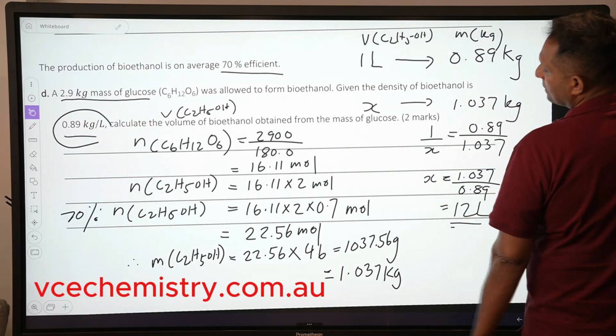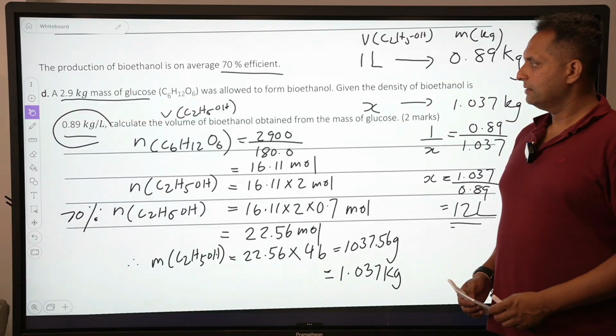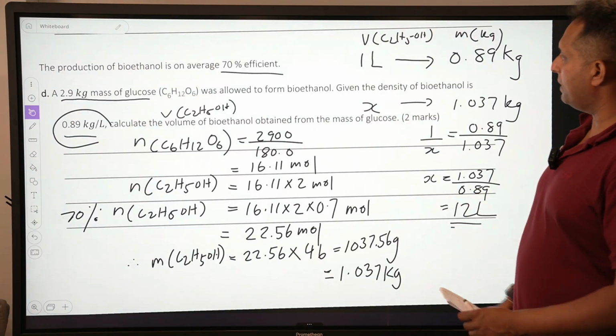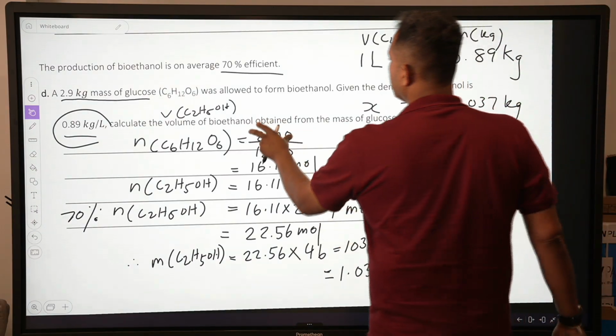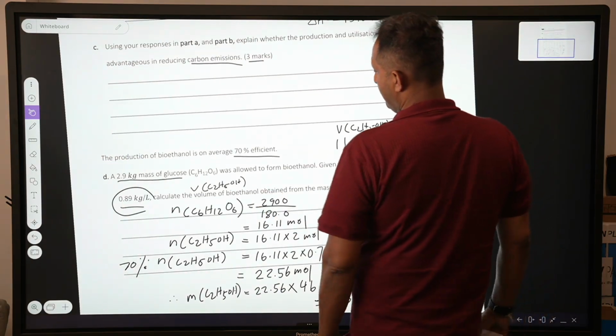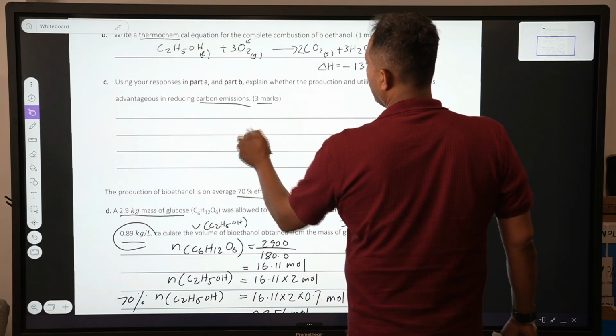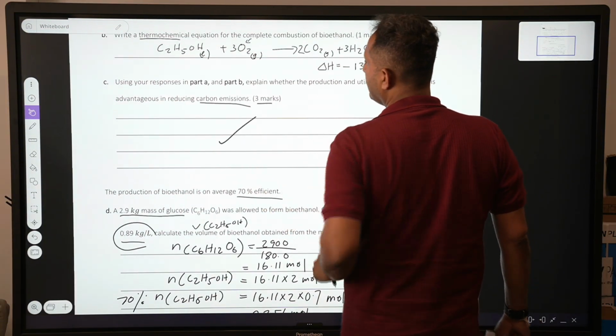See whether you can get 20 liters. All right. This is the only calculation part in this question. The rest is writing. Again, this is going to be in the description.